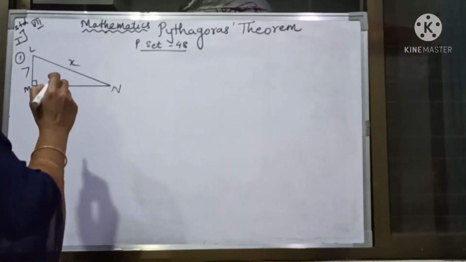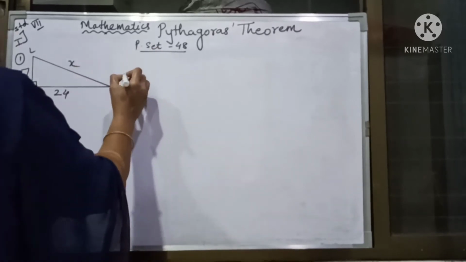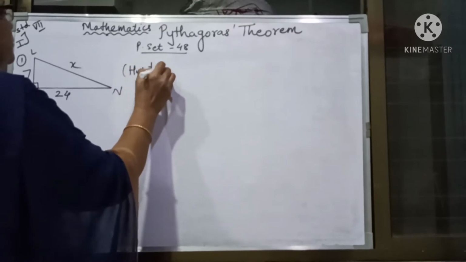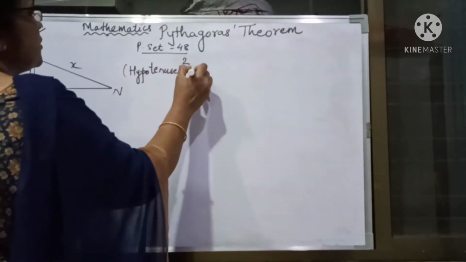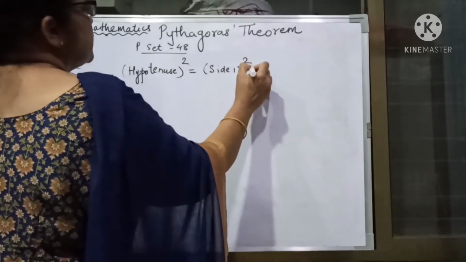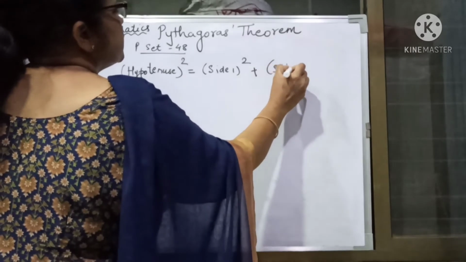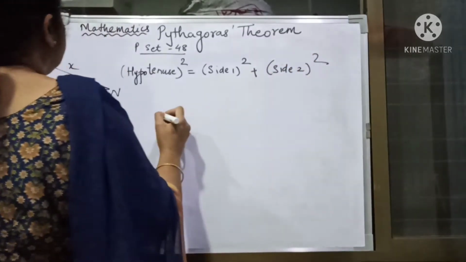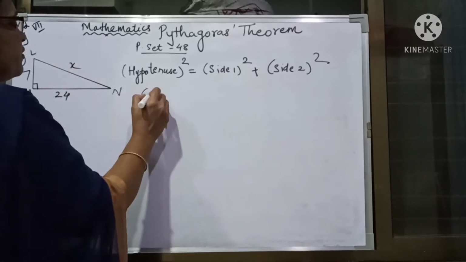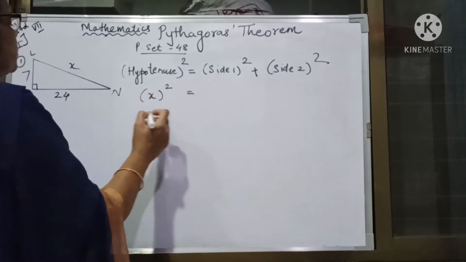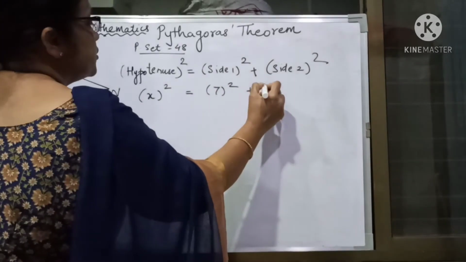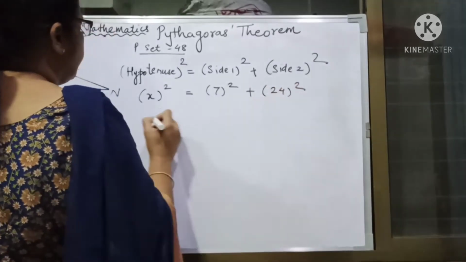So let us write the formula of Pythagoras theorem. Hypotenuse square is equal to side 1 square plus side 2 square. Now here you have to find the hypotenuse. So we will write here x square is equal to 7 square plus 24 square.